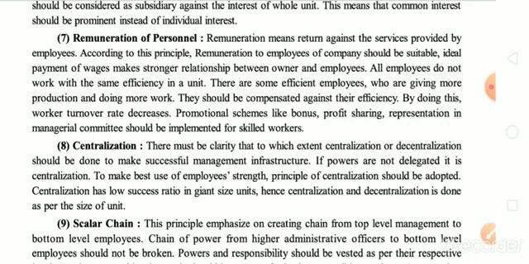When the powers are not delegated to any unit, it means some people like the board of directors or the owners of the organization itself take every decision regarding the business unit by themselves and do not allow anyone to contribute in the decision making process.